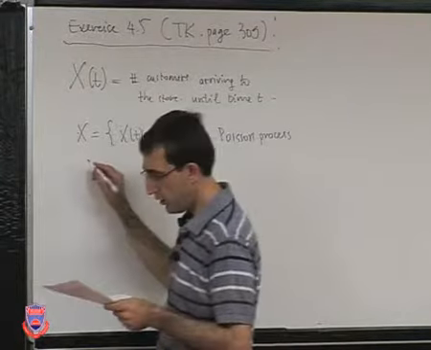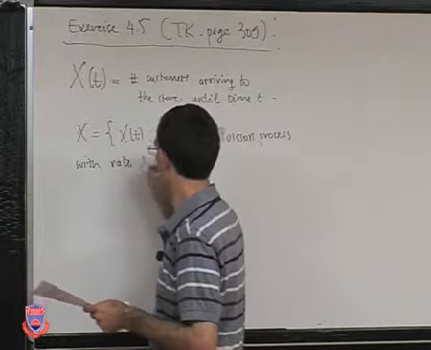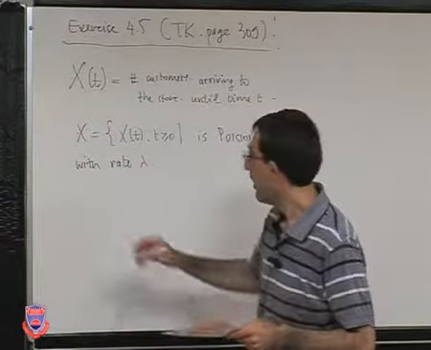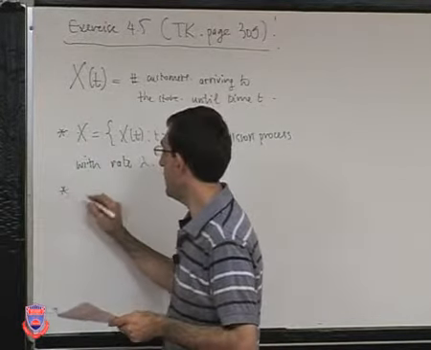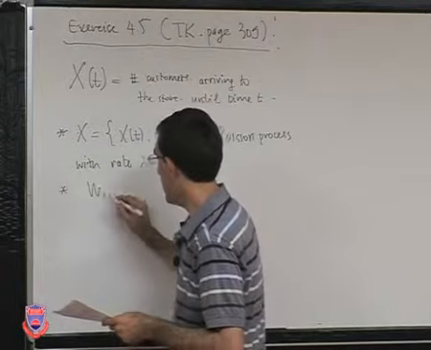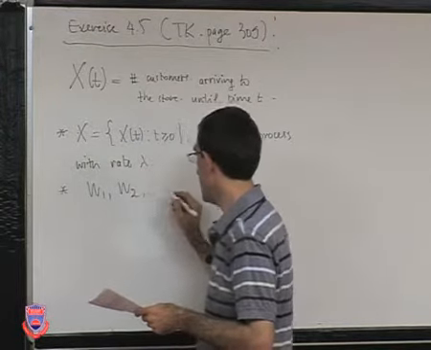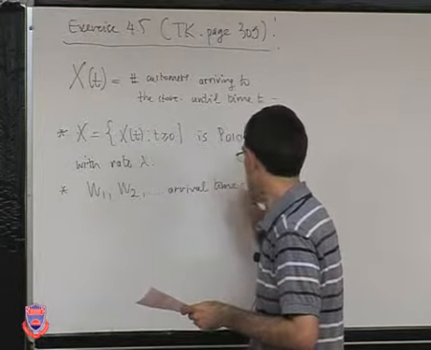It is in fact a homogeneous Poisson process with rate lambda. And let me first denote by W1, W2 as before the arrival times. Soon we are going to need them.